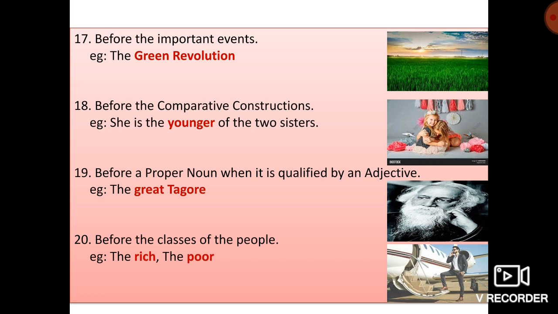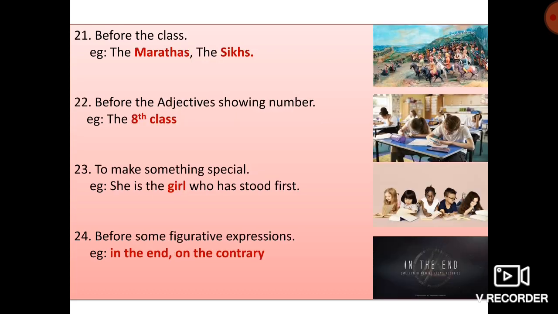Next, before a proper noun, when it is qualified by an adjective. For example, the great Tagore. Here, great is an adjective and Tagore is a proper noun. And we are using the before a proper noun when it is qualified by an adjective. Next is before the classes of the people, like the rich, the poor.